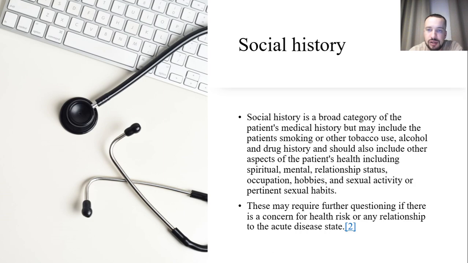Social history is a broad category of the patient's medical history but may include the patient's smoking or other tobacco use, alcohol, and drug history, and should also include other aspects of the patient's health including spiritual, mental, relationship status, occupation, hobbies, and sexual activity or pertinent sexual habits. This may require further questioning if there is a concern for health risk or any relationship to the acute disease state.